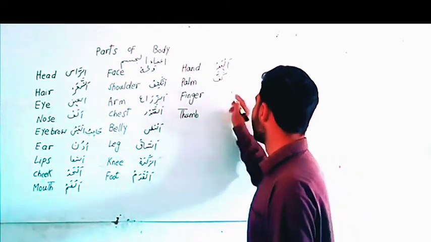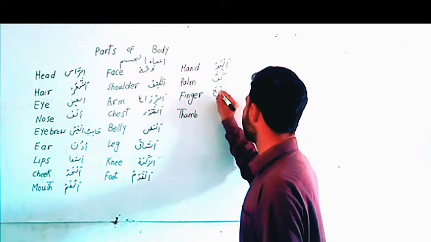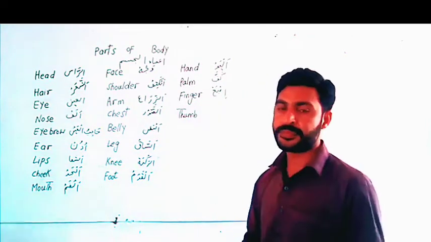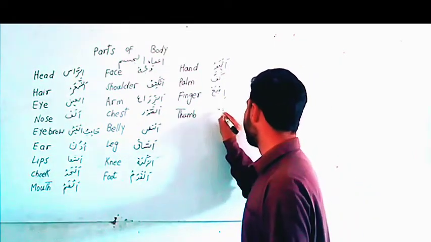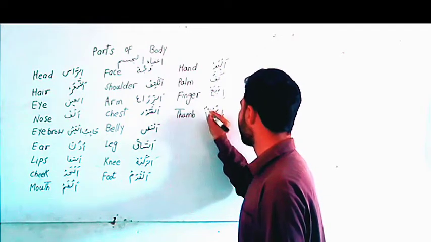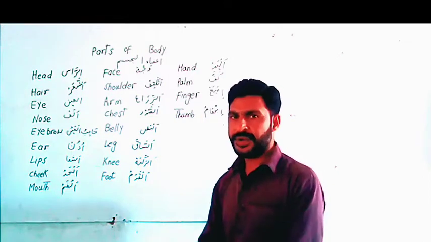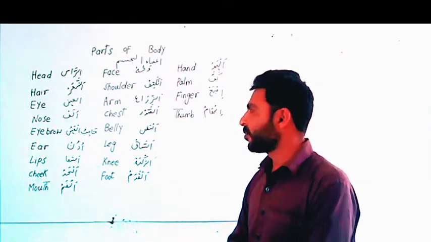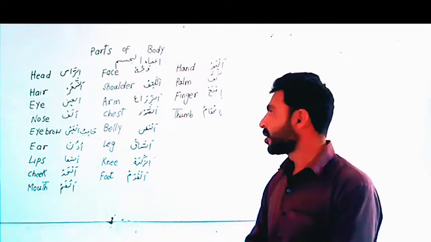In Arabic, we call it isbar. Thumb. That part. We call it in Arabic ibham. So we have completed our lesson about parts of body in Arabic from head to thumb.